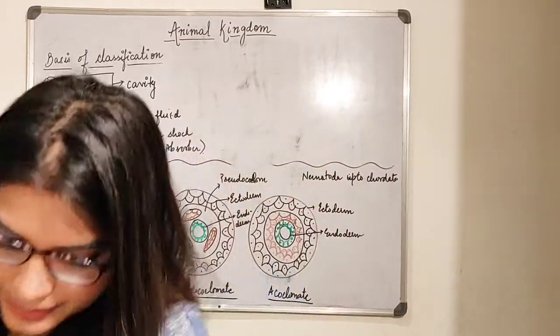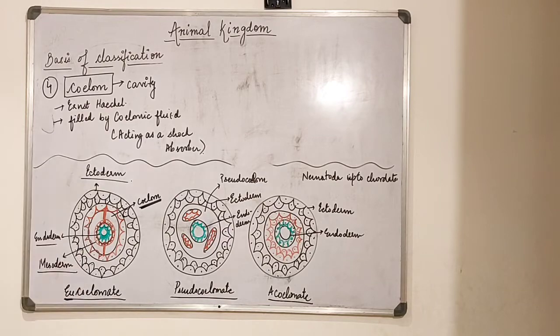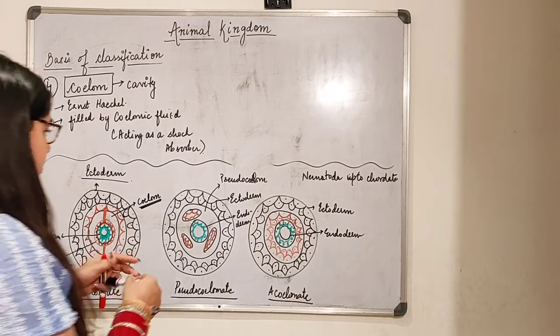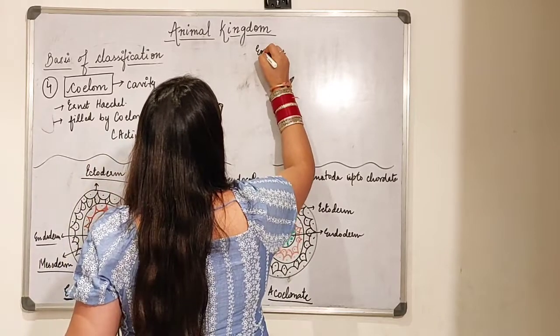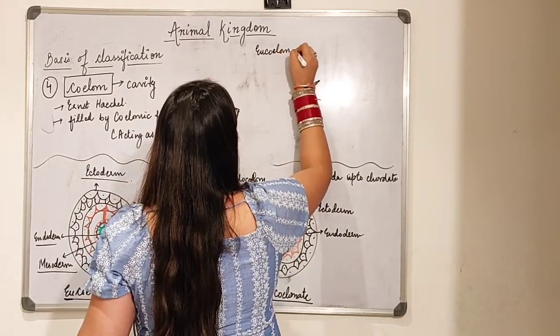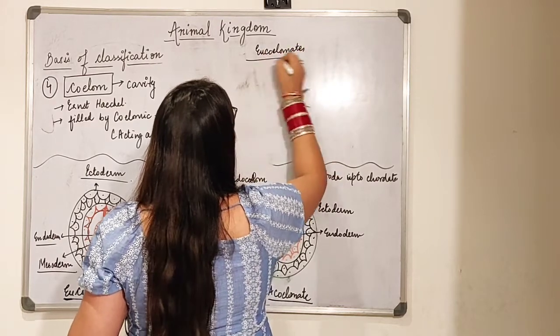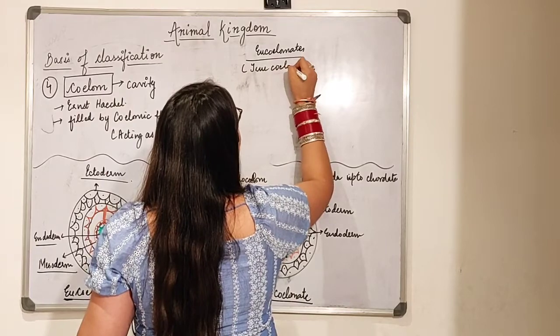Schizocoelom and enterocoelom are the two types of coelom in eucoelomates. Let me write. Eucoelomates are having a true coelom, right?